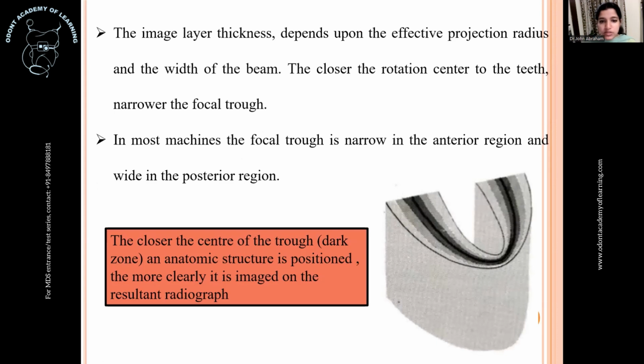In most of the machines, the focal trough is narrow in the anterior region and wide in the posterior region. So this picture represents that the closer to the center of the trough, that is the darker zone, the anatomical structure is positioned, the more clearly the image is formed on the resultant radiograph. So in this particular zone, you will get a very clear image of what is being recorded.